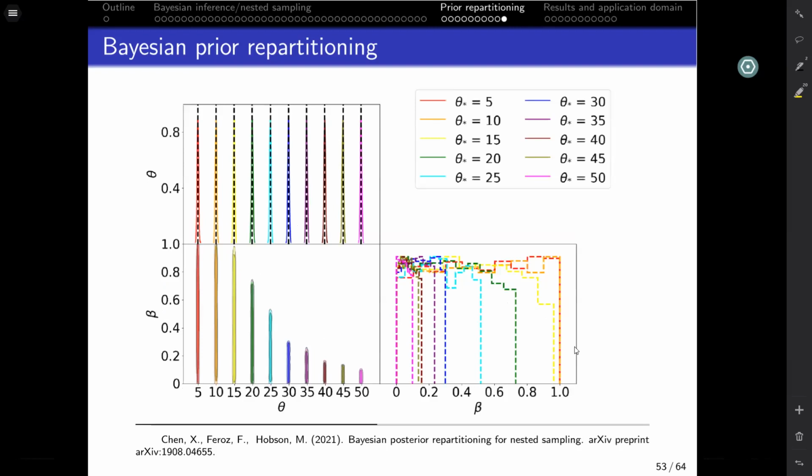Here are other results using, well, the truth 5, and we have seen 5, 30, and we also illustrate 40, 50, all these. In this triangle plot, this figure is for theta, this figure is for beta estimation, and this is the joint one.